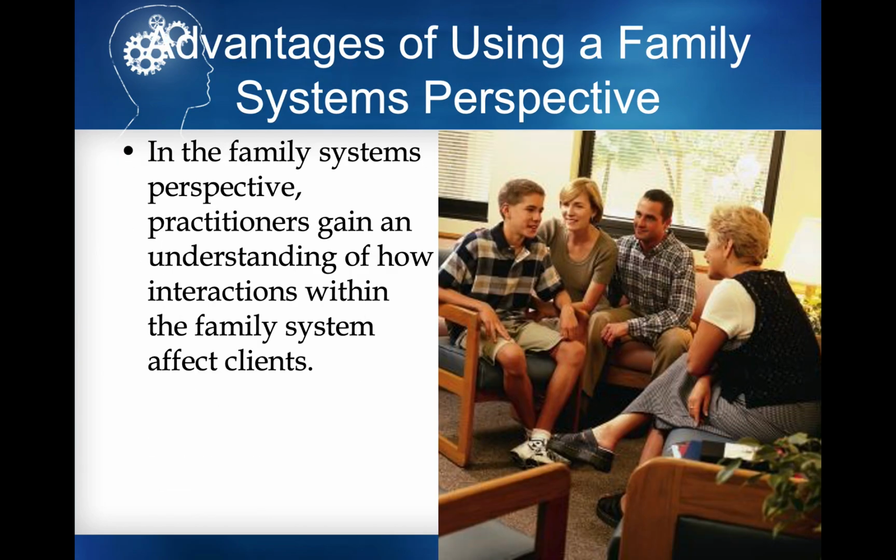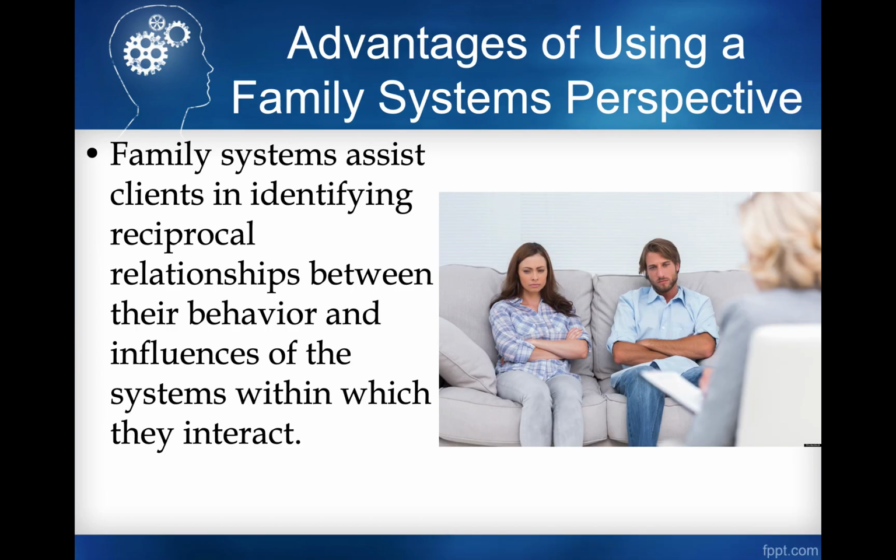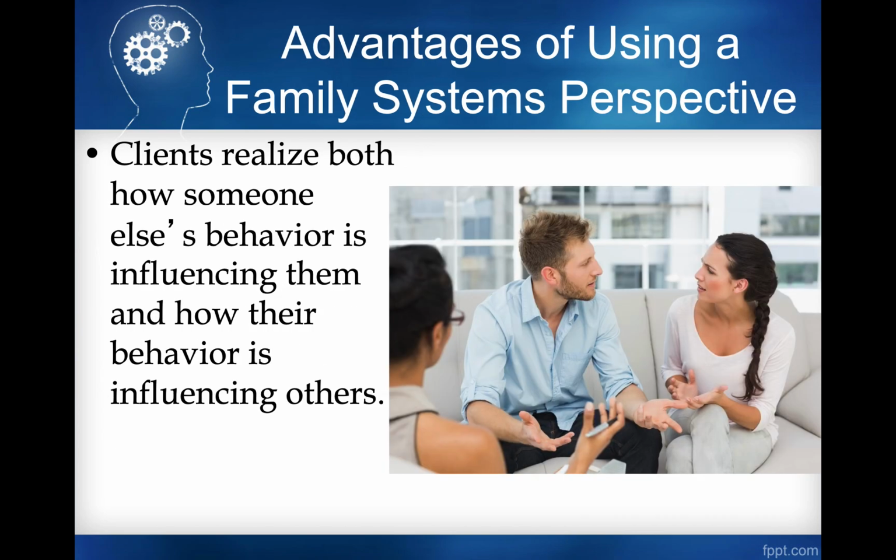In the family systems perspective, practitioners gain an understanding of how interactions within the family system affect clients. Family systems assist clients in identifying reciprocal relationships between their behavior and the influence of the systems within which they interact. Clients realize both how someone else's behavior is influencing them and how their behavior is influencing others.